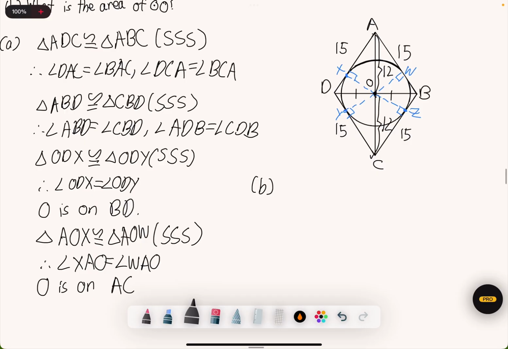We know that AC and BD are perpendicular to each other, because diagonals in a rhombus are perpendicular. According to the Pythagorean theorem, OD equals OB equals the square root of 15 squared, which is 225, minus 12 squared, which is 144. That is 81, so that's 9. So both OD and OB are 9.